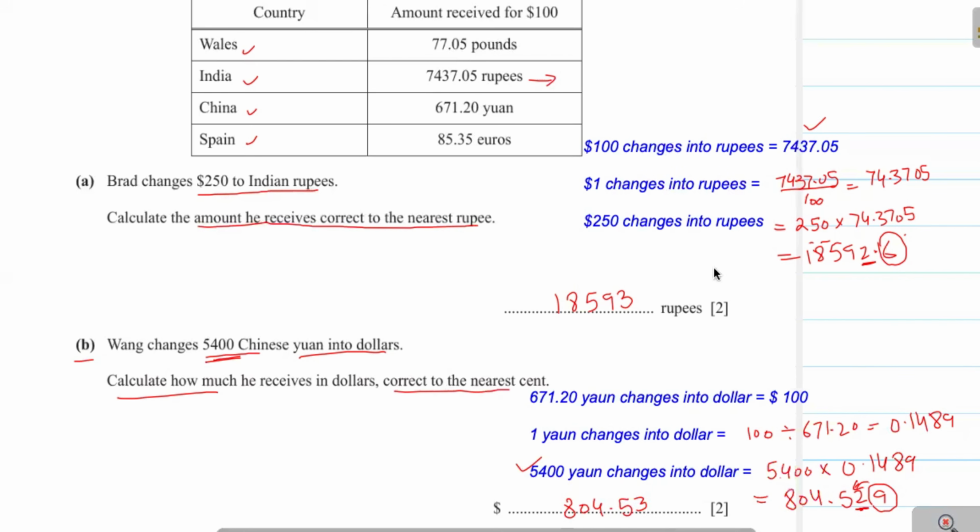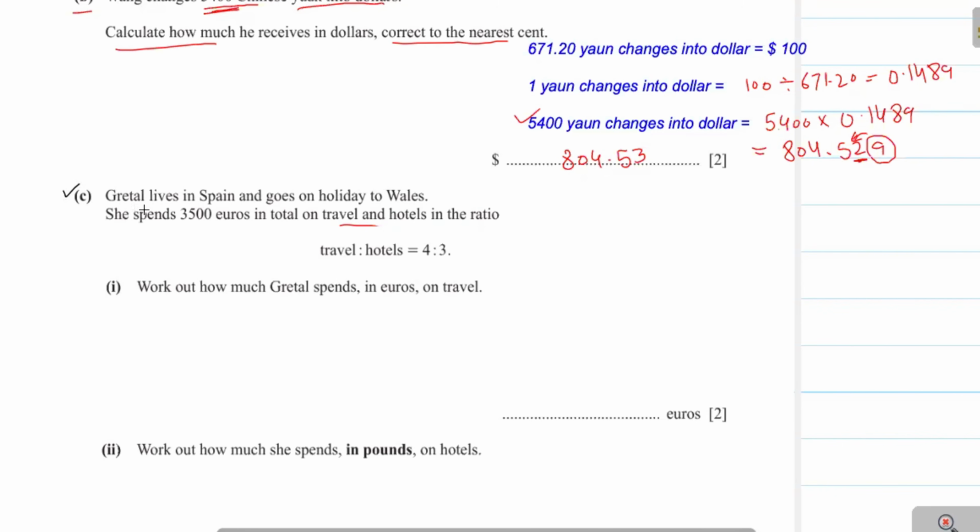Now the next part of this question. Part C, Gretel lives in Spain and goes on holidays to Wales. She spends 3,500 euro in total on travel and hotels in the ratio travel to hotels equal to 4:3. First part, how much Gretel spent in euro on traveling. Now you see here the ratio of traveling and hotels is 4:3.